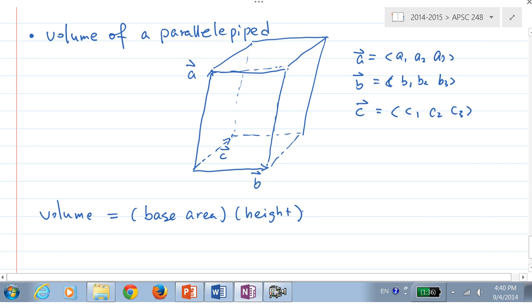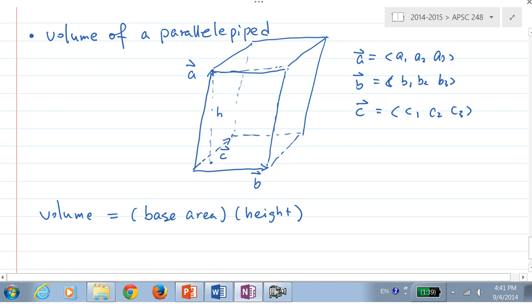Height means the vertical difference between the top surface and the bottom surface, which are parallel, right? So we can draw a vertical line up from this point, perpendicular to the bottom surface, as that height. So this is the height here, right?